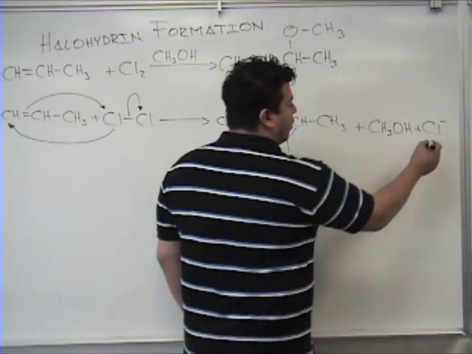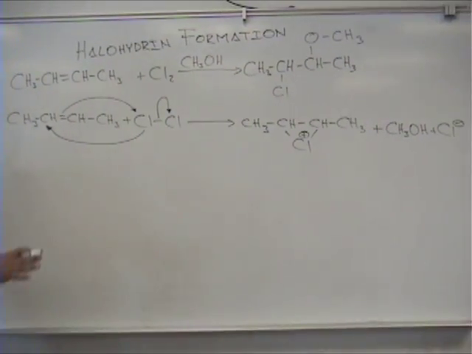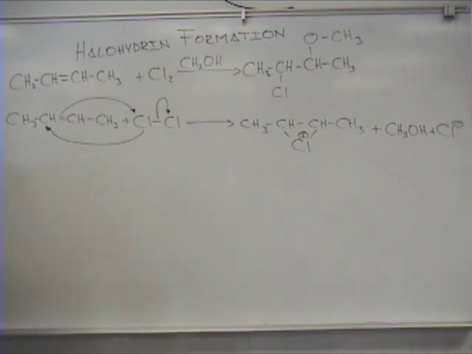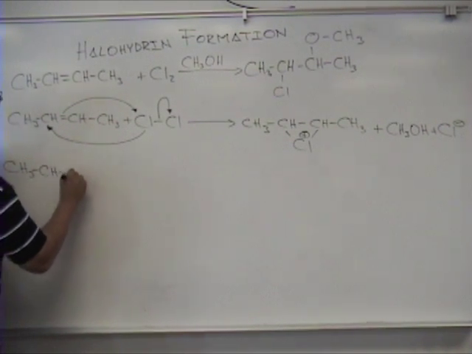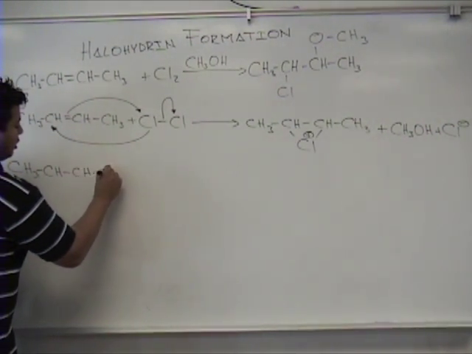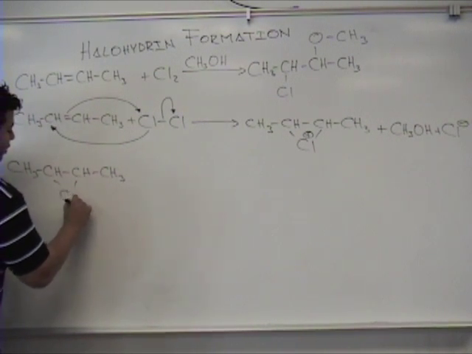Let me circle that formal charge. Now I'm going to copy whatever is on the product side, right here. CH3, CH, CH, CH3. We make the chloronium ion right here.